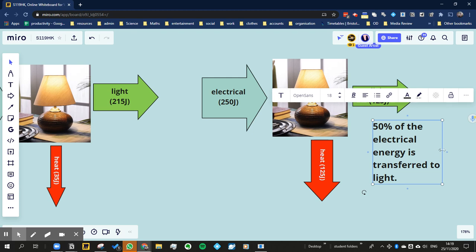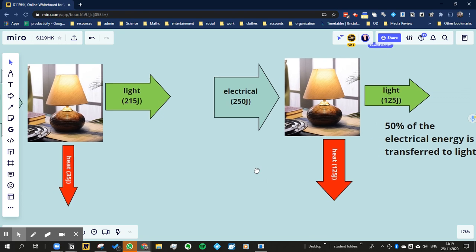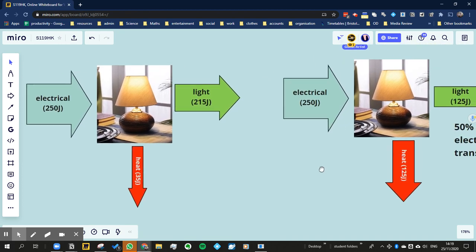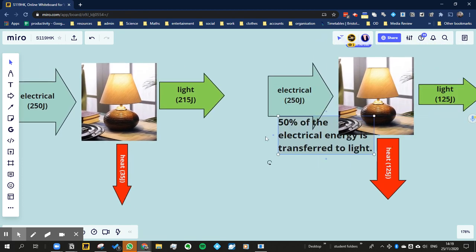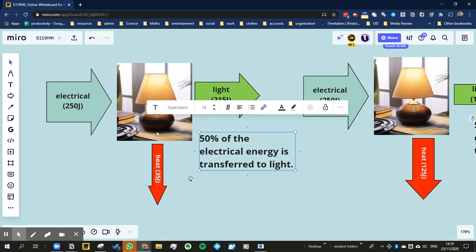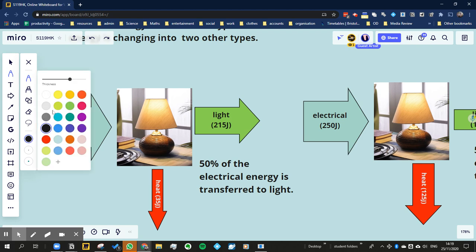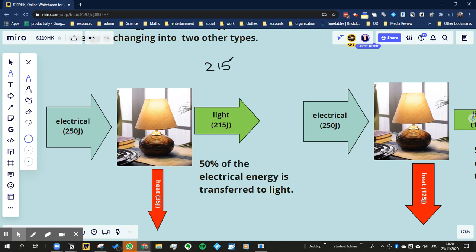Now, if it was perfect, it'd be 100%, wouldn't it? So what about over here? How would we work out what percentage is transferred into light there? Well, you take the number 215 and you divide it by 250.